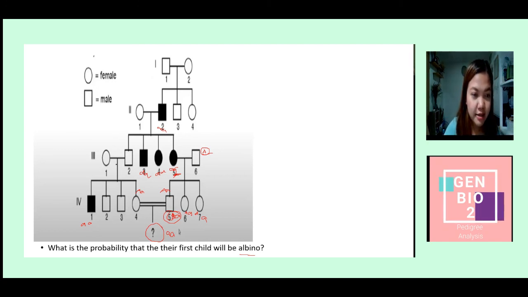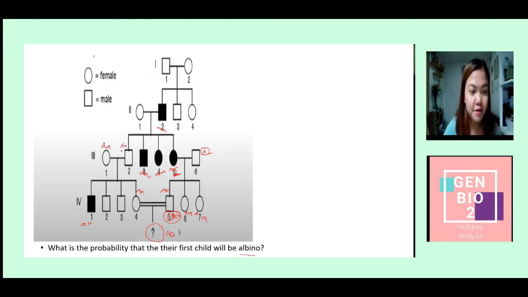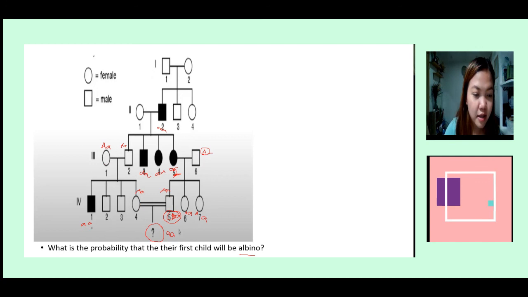Now, here naman, sa male sa nanay, pag tinrace natin yun dito, the genotype of her parents would be dalawang hetero. Para pag pinag-cross mo yan, there's a probability na mayroong offspring na affected and offspring na unaffected.